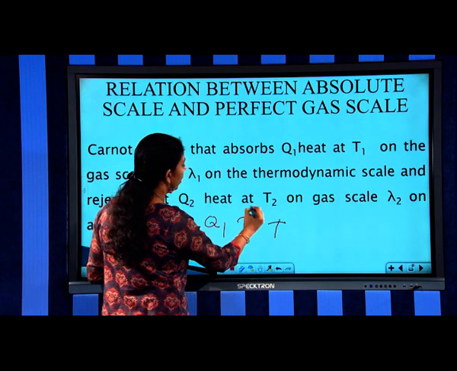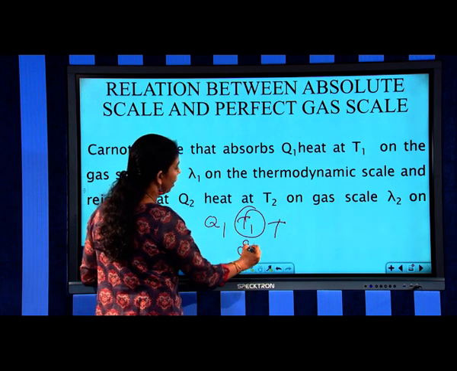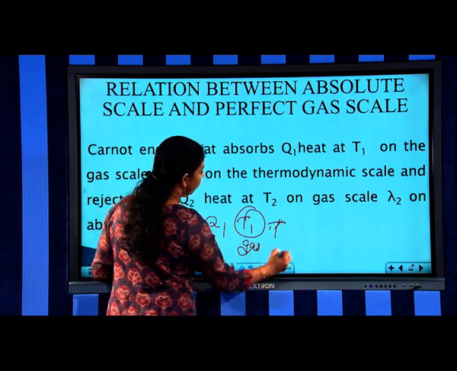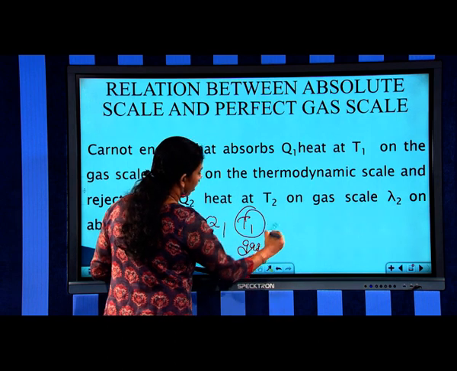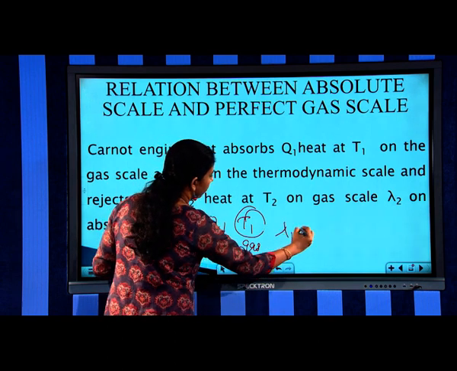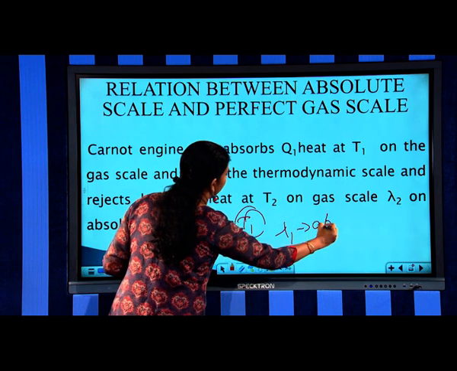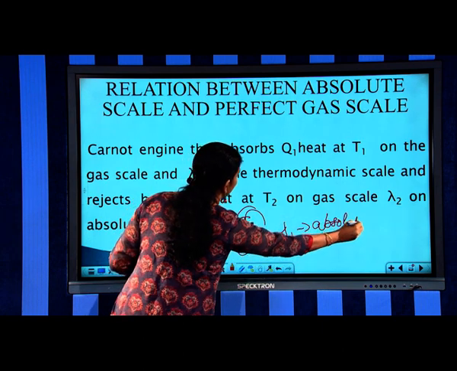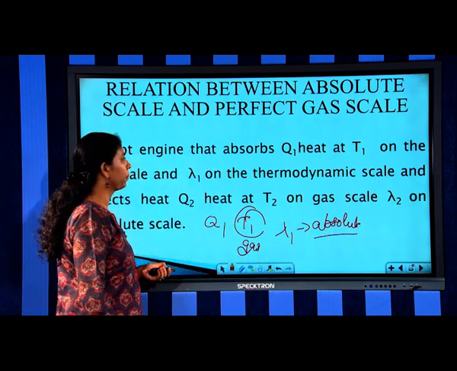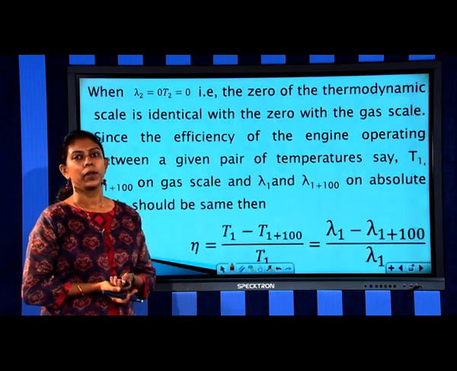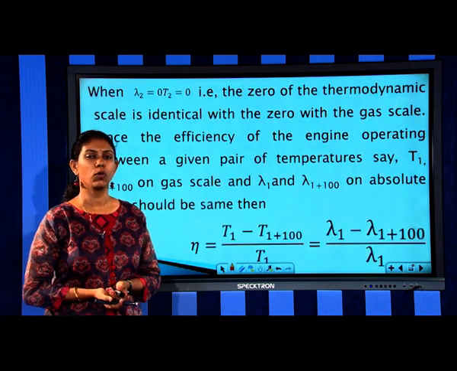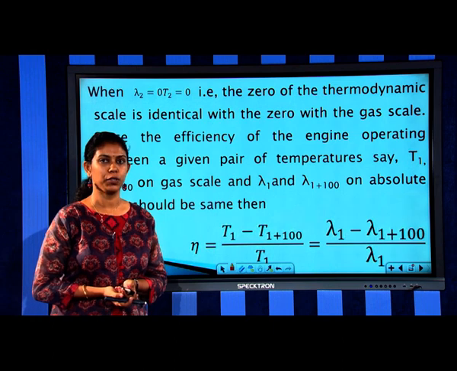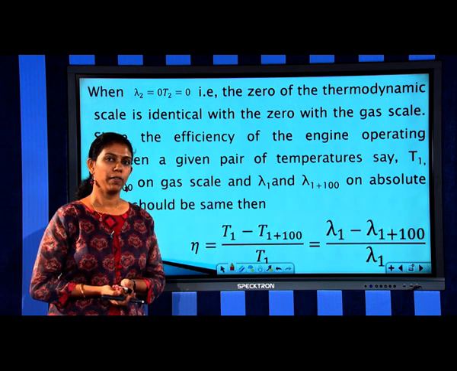Here T1 is the temperature on the gas scale and lambda 1 is the temperature on the absolute scale. Then Q1 by Q2 is equal to T1 by T2 is equal to lambda 1 by lambda 2.